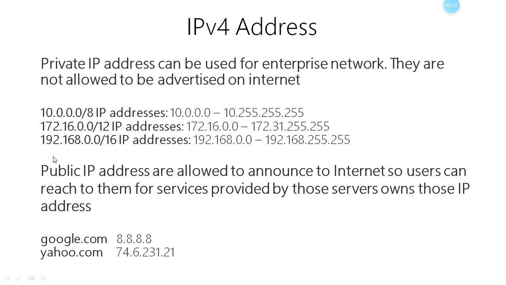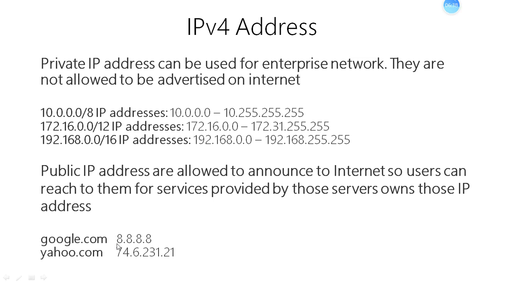And then the public IP addresses are those addresses, the whole range is up to 255.255.255.255, right? That's the IP range. The whole range is like this way, right? Except for the private IP addresses, the rest are public IP addresses. Public IP addresses normally will be announced to the internet, like 8.8.8.8 is Google, right?